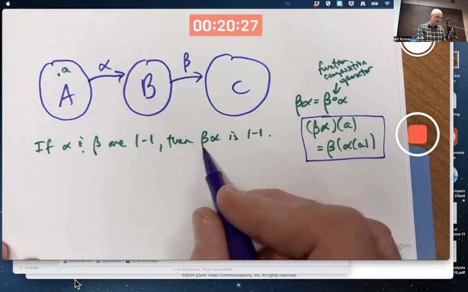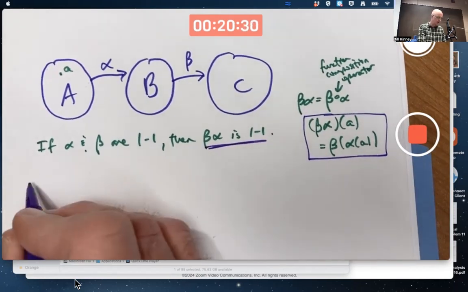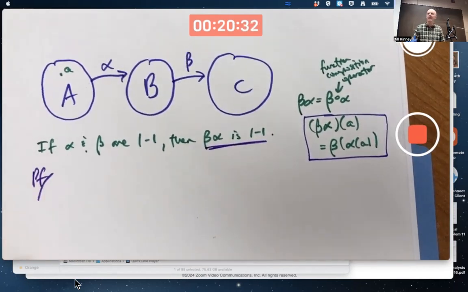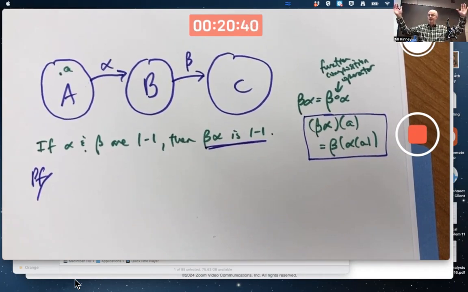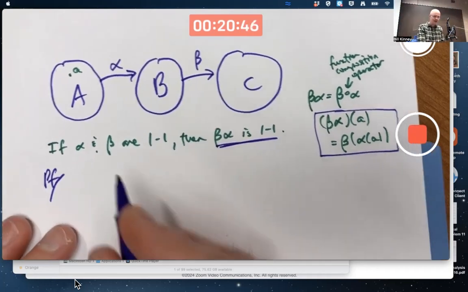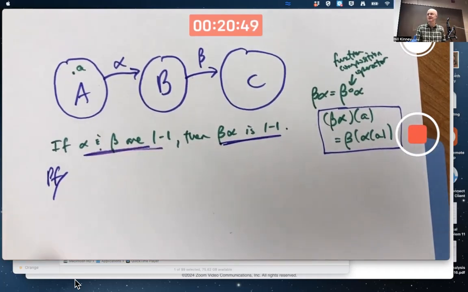We're trying to prove this function composition is 1-to-1. You can still do the proof in the same kind of way as last Friday's example, in the big picture at least. The details are different. Again, you don't have formulas like we did last Friday, but you do have assumptions. You always have to use your assumptions.